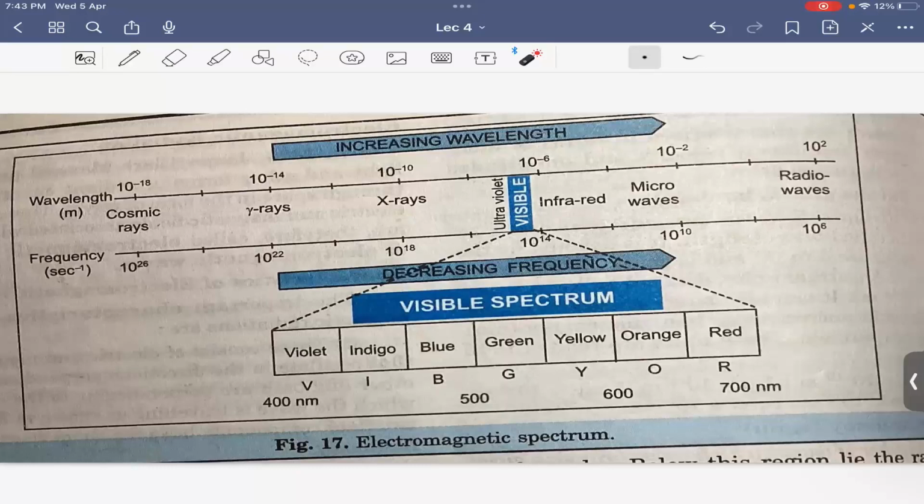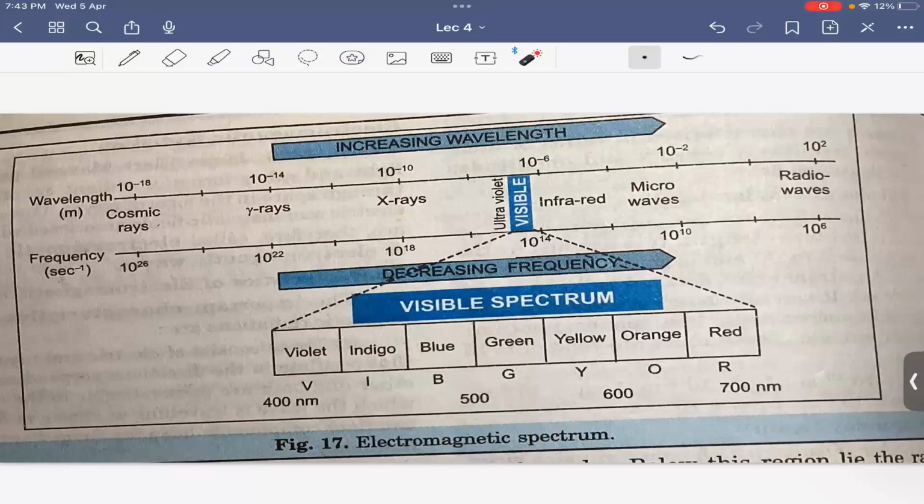Below this region lie the radio waves or the microwaves. These radio waves, around 10 raised to power 6 hertz, have the lowest frequencies or highest wavelength and are used for broadcasting. Thus, while radio waves have the lowest frequency or highest wavelength, the cosmic rays have the highest frequency or the lowest wavelength.